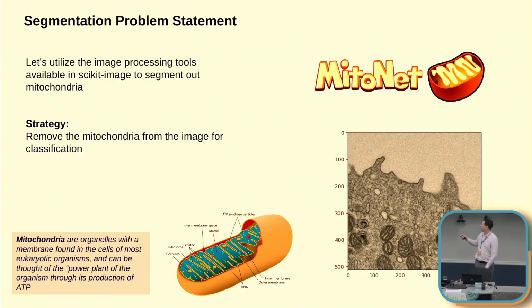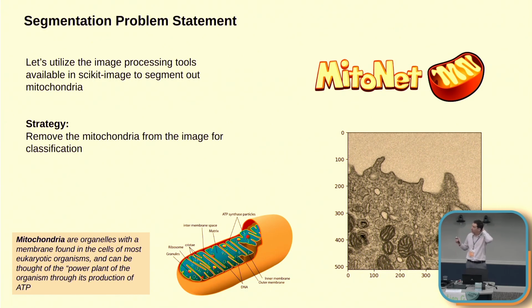And here's a little blurb if you learned this in high school about what mitochondria are, but it's a good opportunity because as you can see in this image here, there are different textures, different contrasts that would lend themselves well if we can modify this image so that we can pull out the mitochondria, which are these little circular structures right here with the cellular walls.